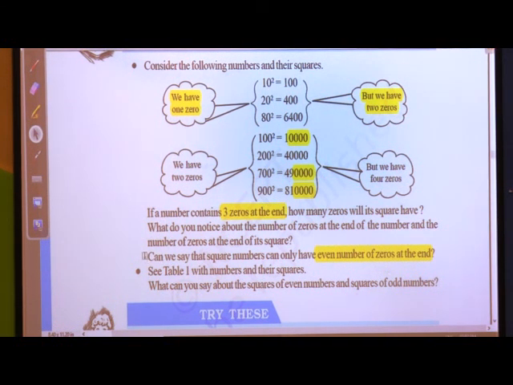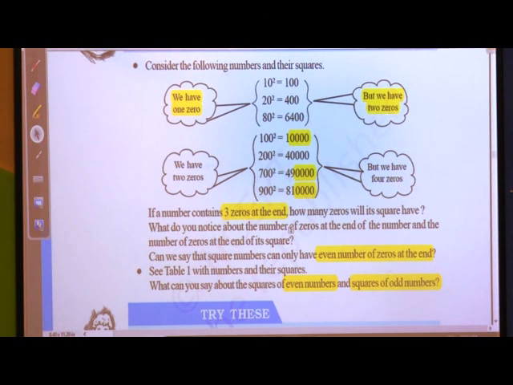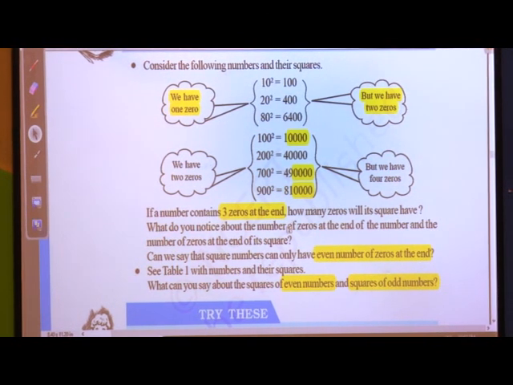Table number 1 we have seen in detail, and you can find out what exactly it means.